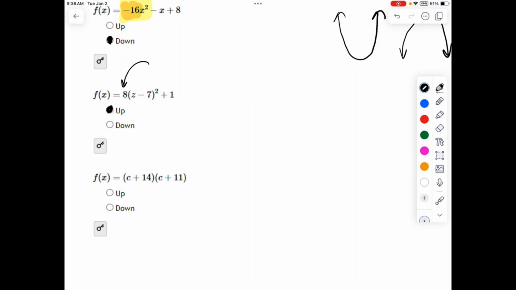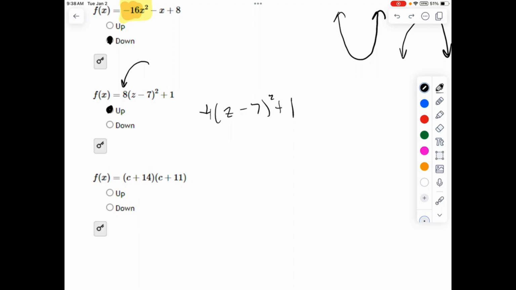Let's say we had negative (z minus 7) squared plus 1, with just a negative there. Technically that's a negative 1, so it would go down. What if there was a negative 4? Down. Positive 4? Up. So for vertex form, it really just depends on that very front number, positive or negative.